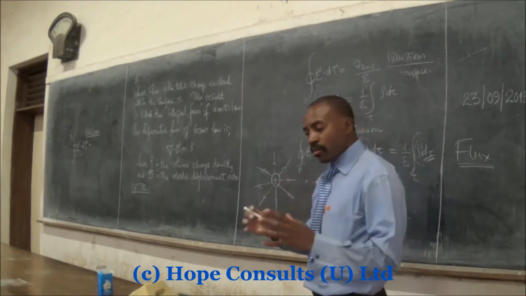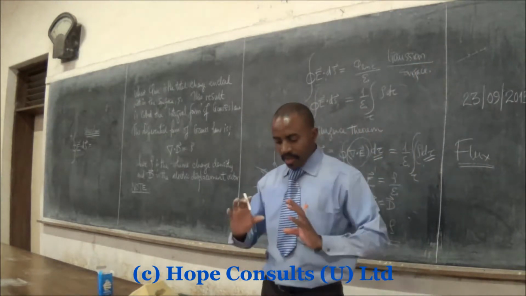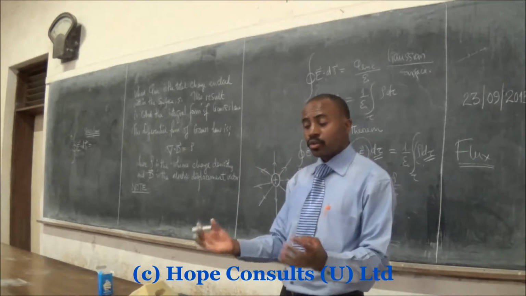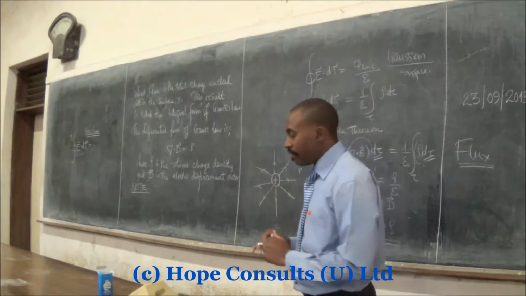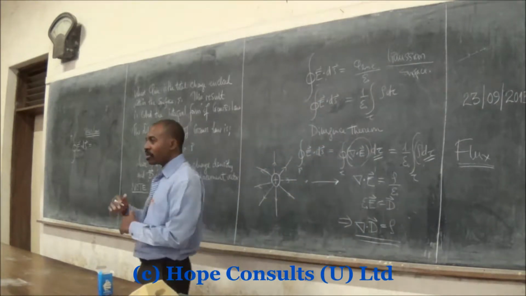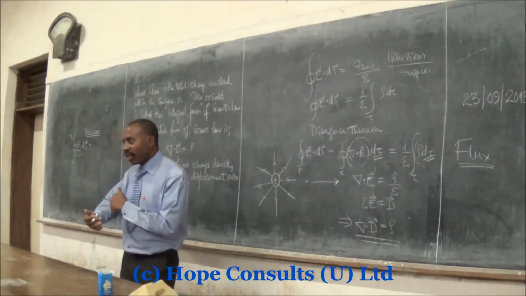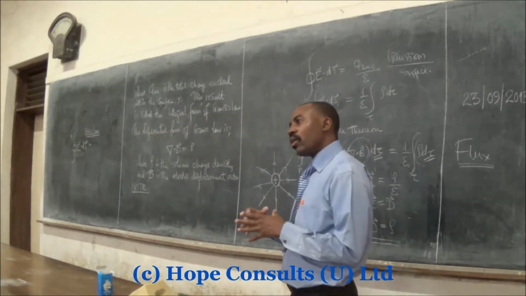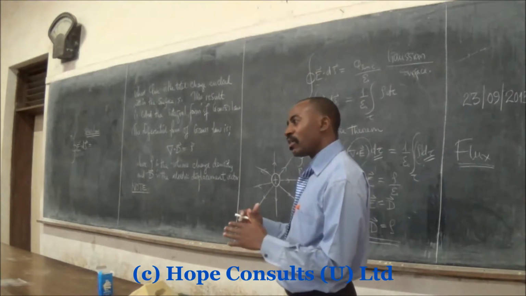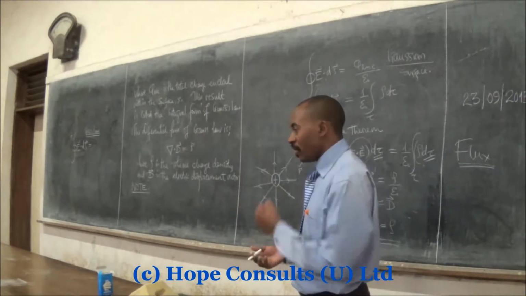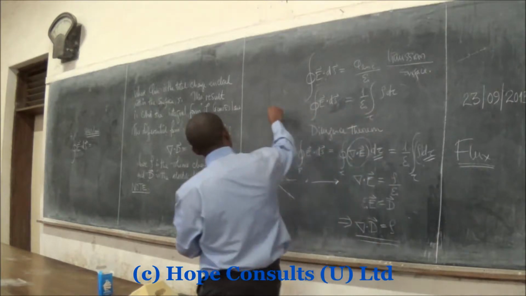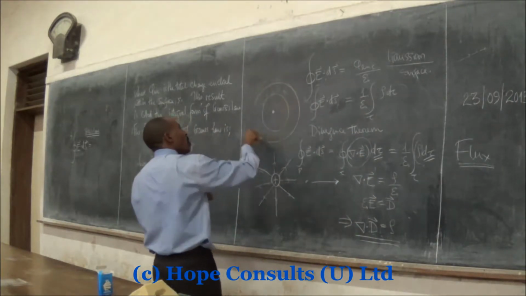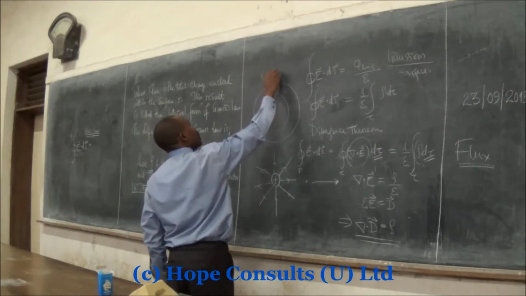If it is a volume, so you take, for example, a sphere and take a concentric sphere to be the Gaussian surface. If it is a cylinder, then you have to take another cylinder around the cylinder or inside the cylinder, so you must use what we call a cylindrical surface, which is coaxial. Spheres that share centers, we call them concentric.